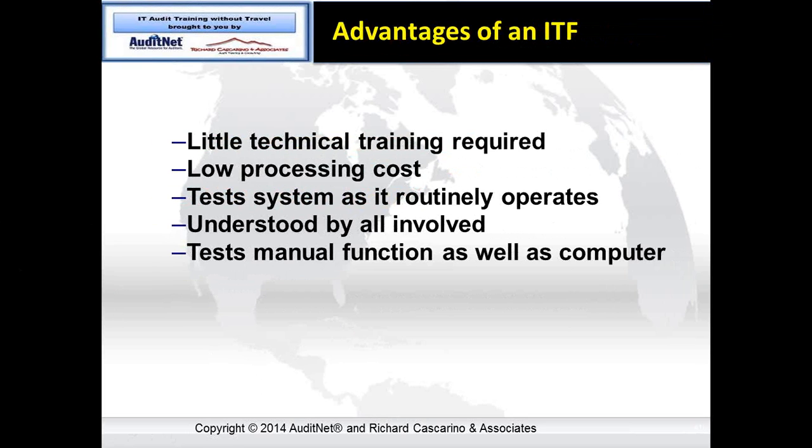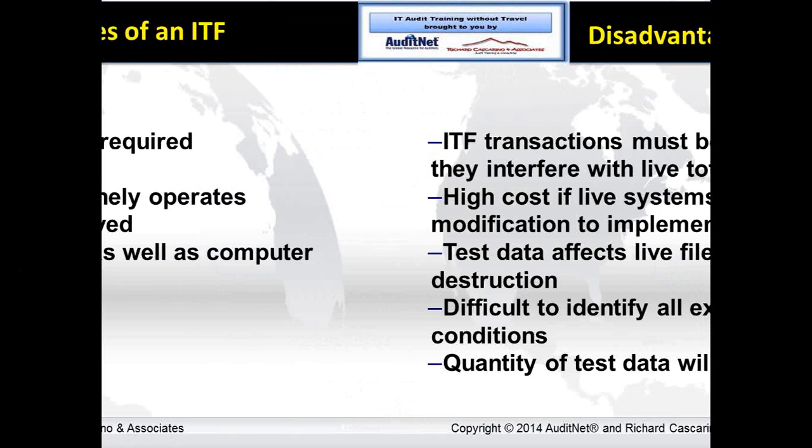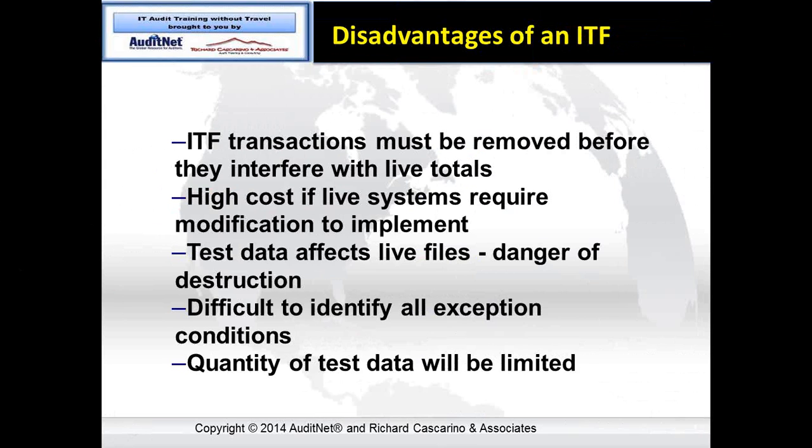But you've got to get those transactions out before they interfere with live totals. And that could mean that you're going to have to process a single-sided journal entry to get them out. You're going to have to edit live data to remove them completely. And that means that you're going to mess around with the live system.